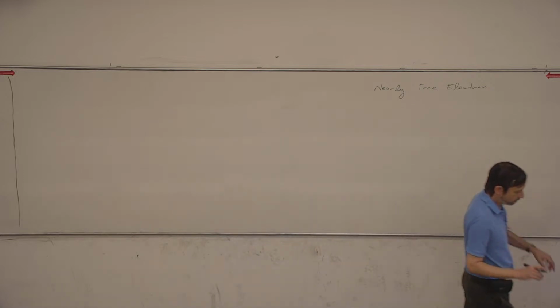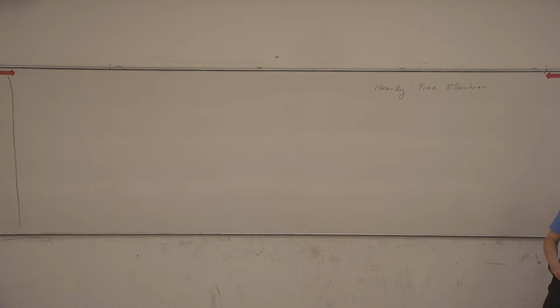Okay, let's look into the problem of very weak potential. And at the first point, let's just look into the breaking of symmetry. Ignore anything else that happens. Okay, so what happens there?